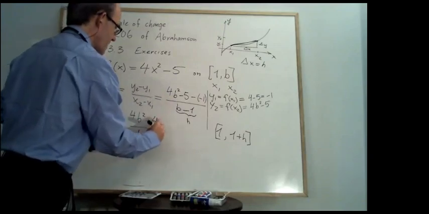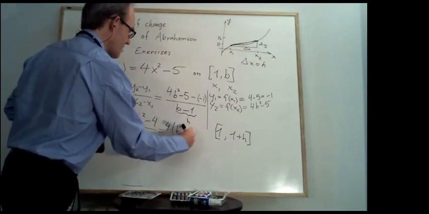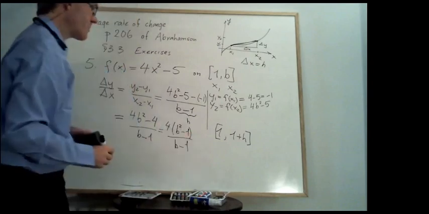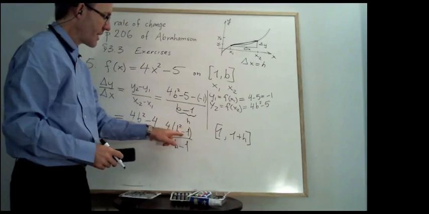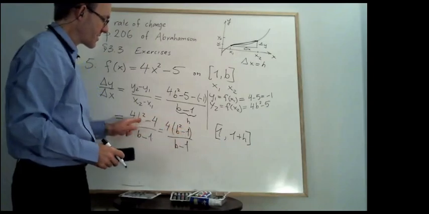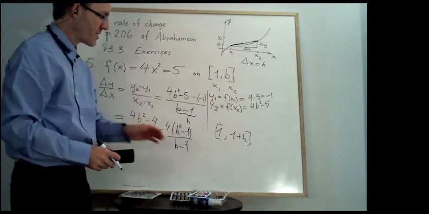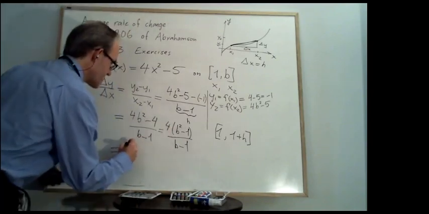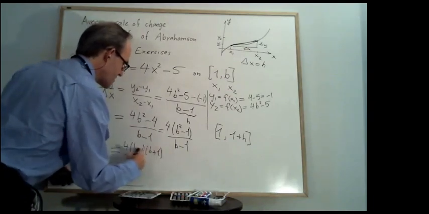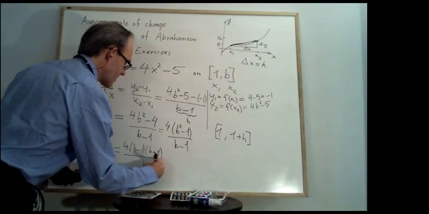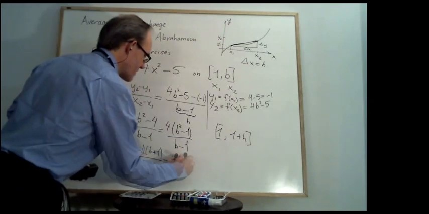Now we can see this is 4 times b squared minus 1 over b minus 1. And you can see right away this will have 2 factors. It's the difference of squares, so that will always be written as a sum times the difference. So you can see right away there's going to be this nice cancellation, and you just get 4 times b plus 1.